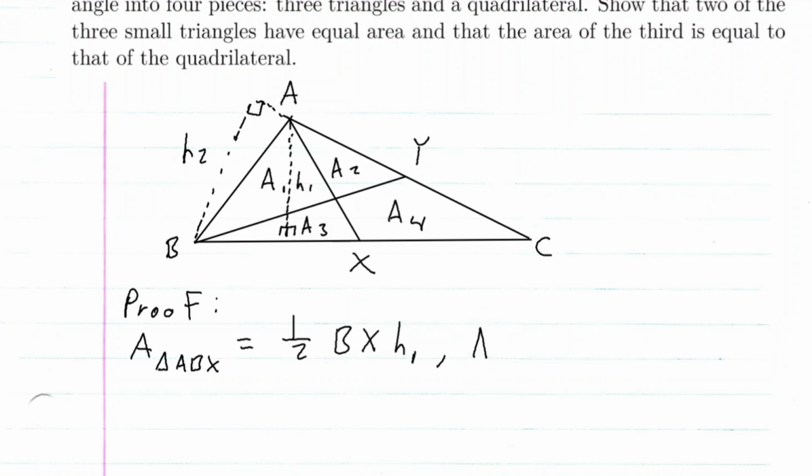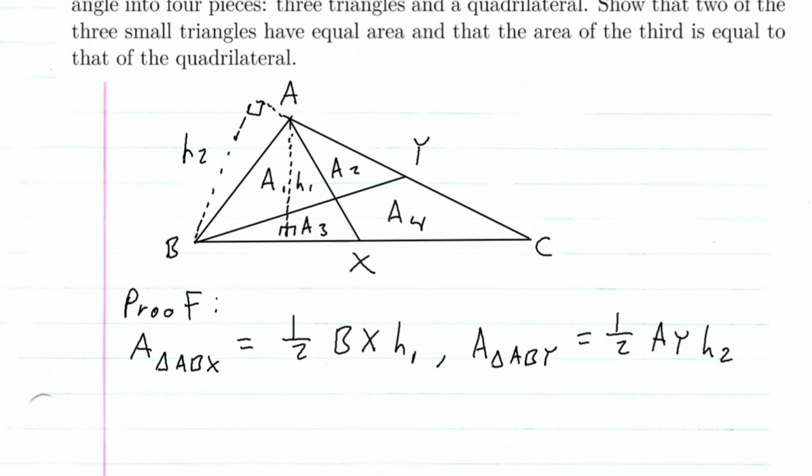And for the area of triangle ABY, I know that is equal to 1/2. The base I established for ABY is AY, so it's going to be AY times height 2.